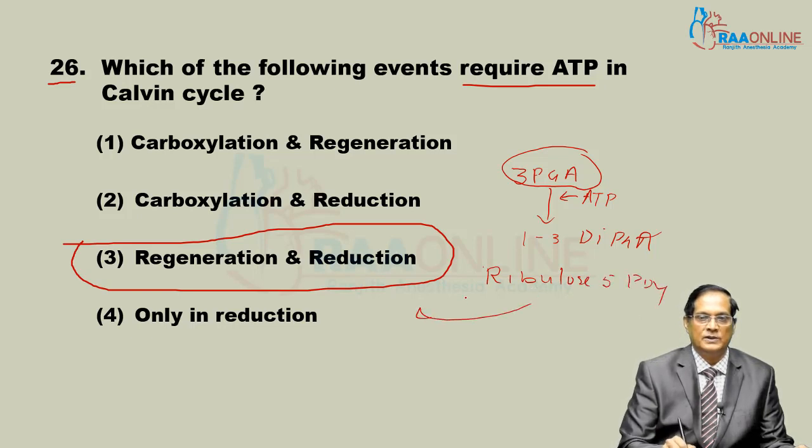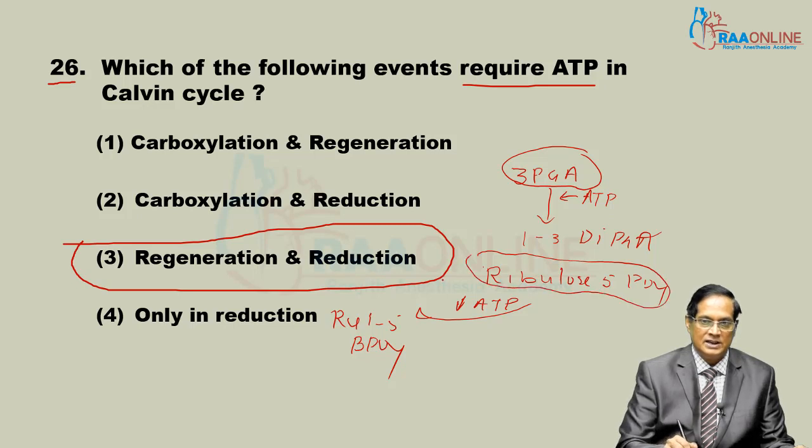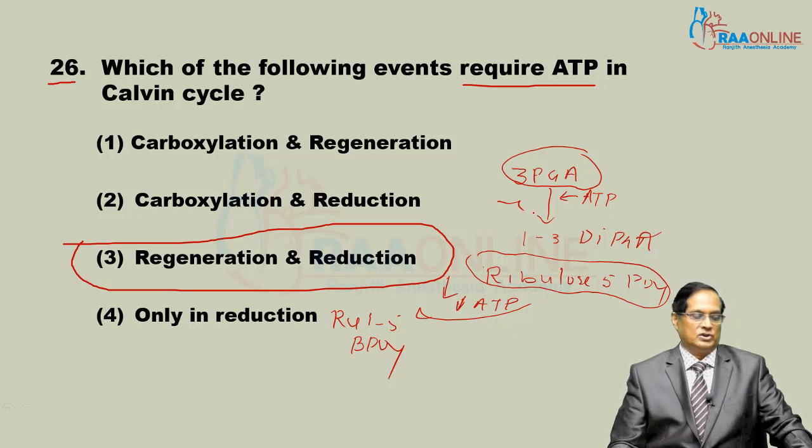This ribulose 5-phosphate requires ATP for the formation of what? Ribulose 1,5-bisphosphate. This is the second compound which needs ATP of light phase. The second part is from regeneration and the first part from reduction.